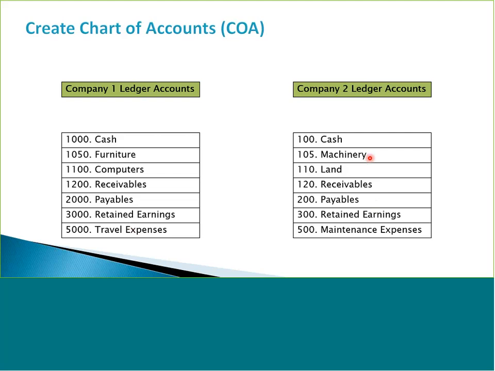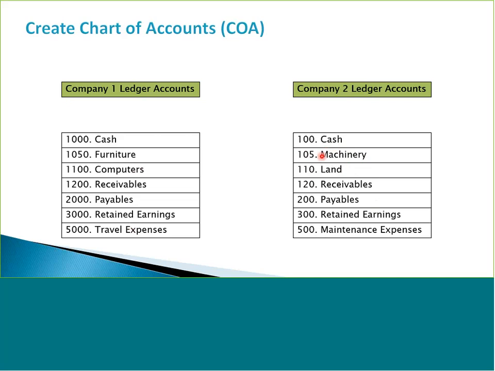When you look at company two's list of accounts, you will see it has cash, machinery, land, receivables, payables, and so on. And these accounts are also represented numerically, but differently from company one. So here we have 100, 105, 110, and so on. So this company, you can tell maybe it has assets that include machinery. Perhaps it is a manufacturing firm.